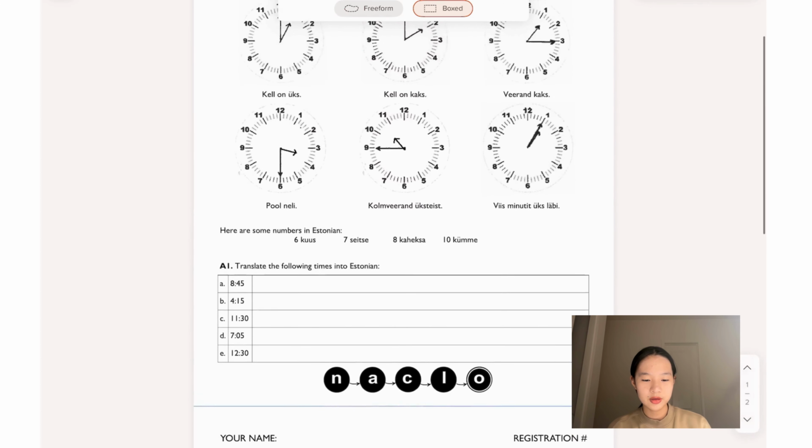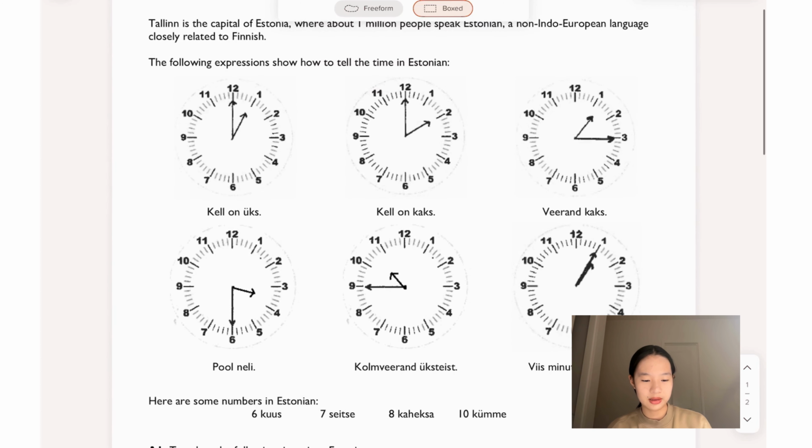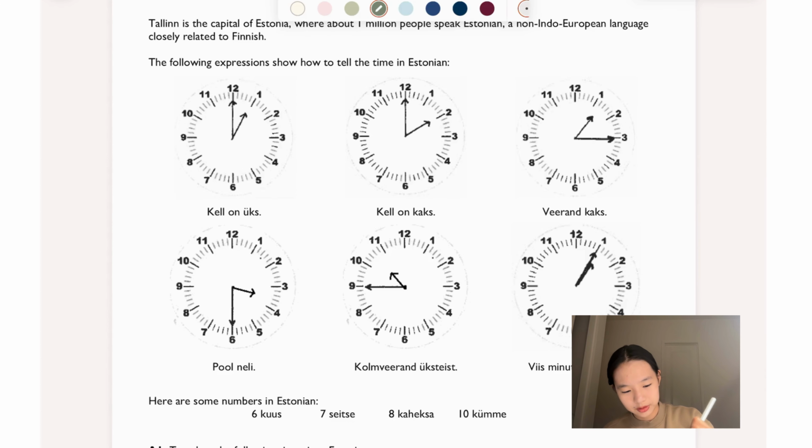First, I would start off by writing down the times. So this is 1 o'clock, that's 2 o'clock, that's 1:15, that's 3:30, and then 10:45, and 1:05.